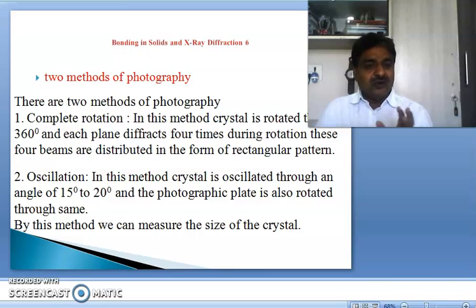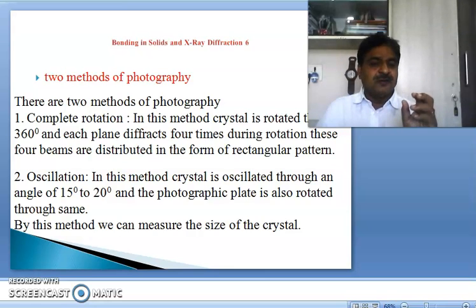And we will obtain Bragg's condition, that is 2d sin theta is equal to n lambda.